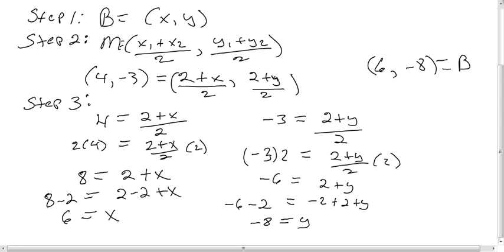Now we can always check this by going to the coordinate plane and graphing (2, 2) for A, (4, -3) for M, and (6, -8). And you will see that it appears to be the end point of line segment AB, with M as its midpoint.